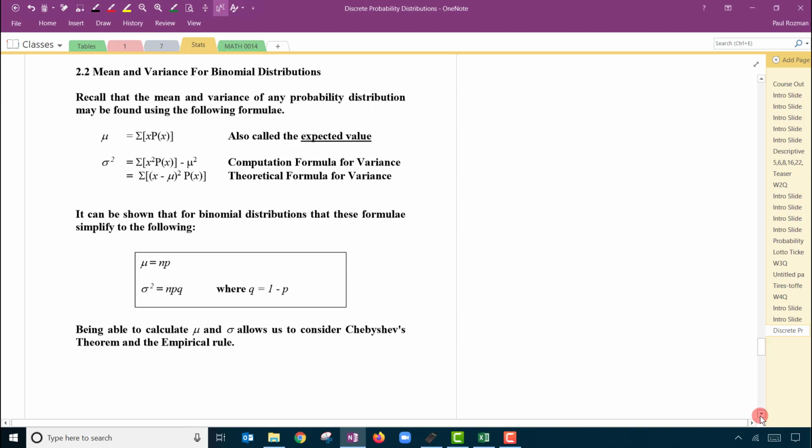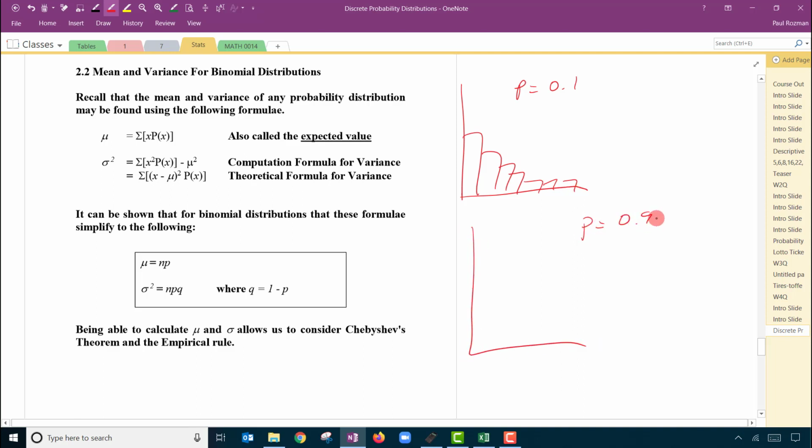If you have a small probability of success, if p equals 0.1, then the smaller categories get filled. If you have p equals 0.9, then you don't have many in the early on stages, and then you have a bunch later on. So the shape of the binomial distribution changes based on what your probability of success is and what n is.